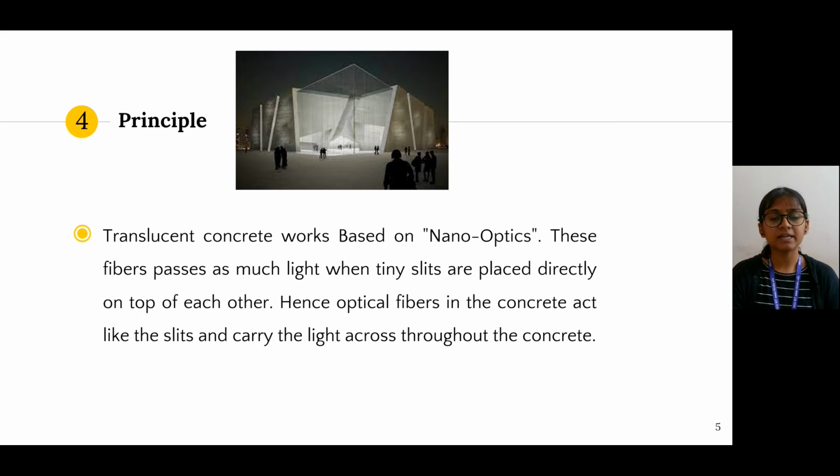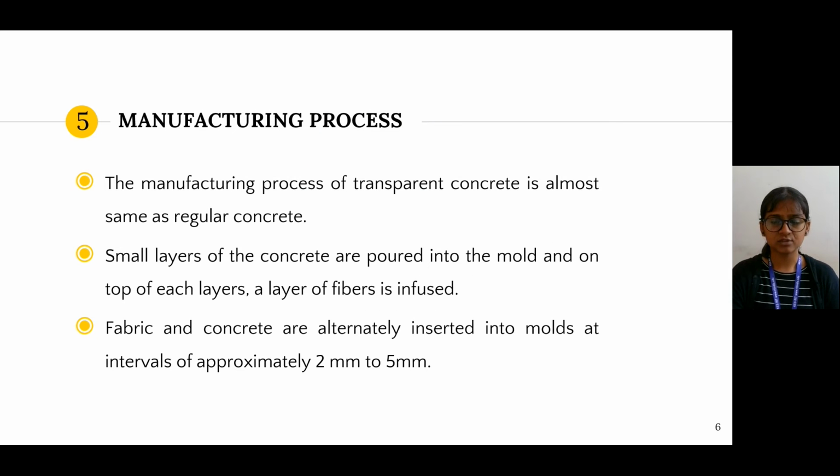These fine particles pass as much light as when tiny slits are placed directly upon each other. When making translucent concrete, a special type of mold is used. In this mold, the upper end is free to pour the concrete, and both side ends are made with holes where we can insert optical fiber from one end and remove it from the other end.